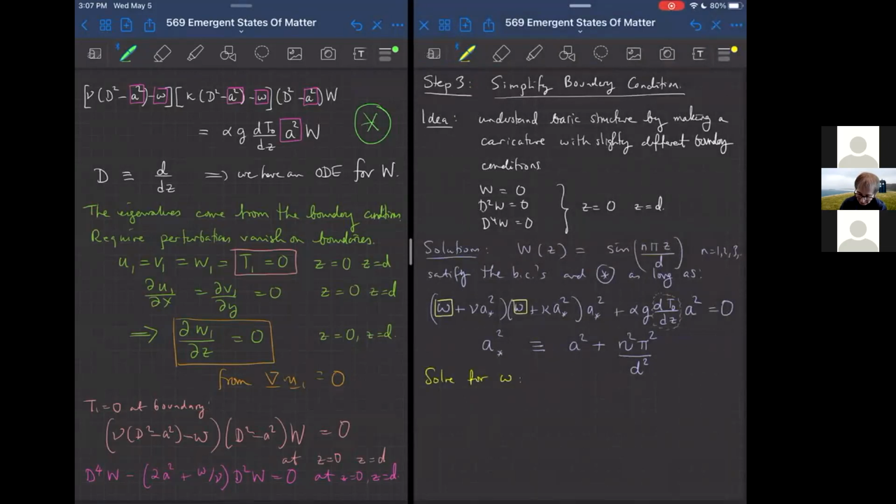And so that gives us this equation. And it's going to be a bit of a mess, but don't worry too much about it. I'll explain to you what it means.